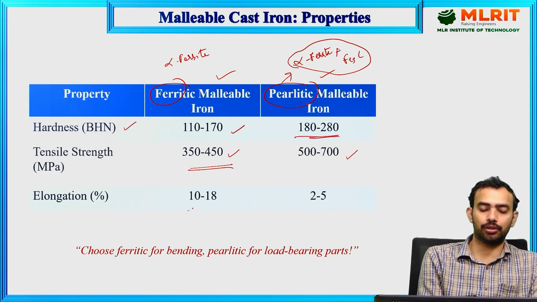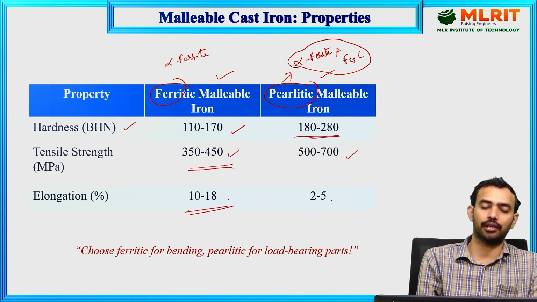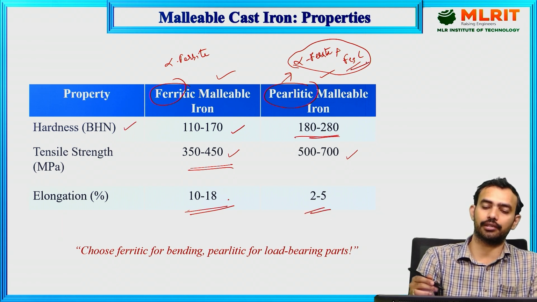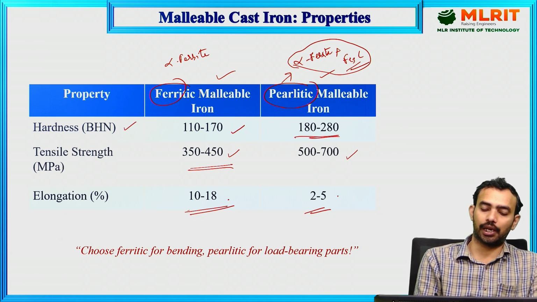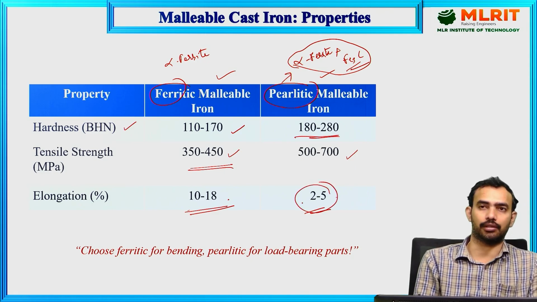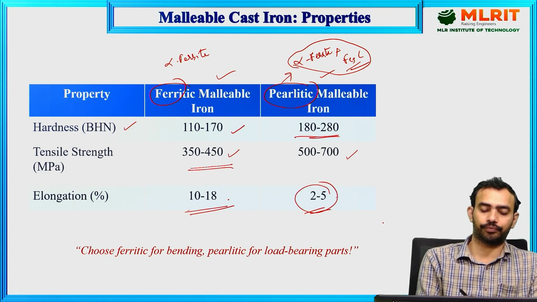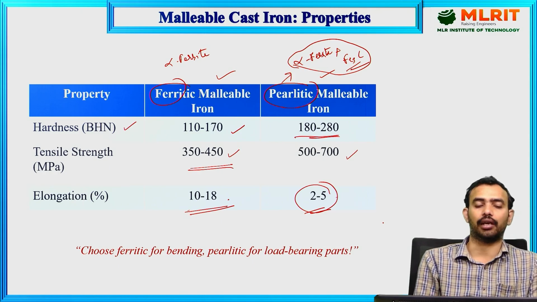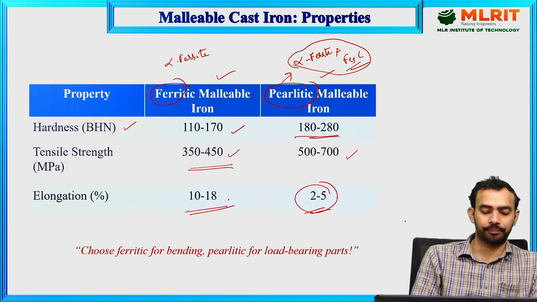Elongation is also good. Since ferritic is very soft in nature, you can see elongation is 10 to 18 percentage, whereas in pearlitic malleable iron the percentage of cementite is a little larger, so the elongation is relatively small, 3 to 5 times lesser than the elongation of ferritic malleable iron.